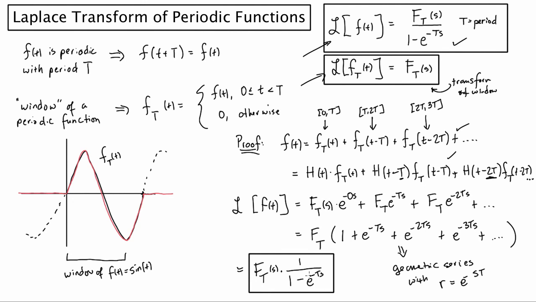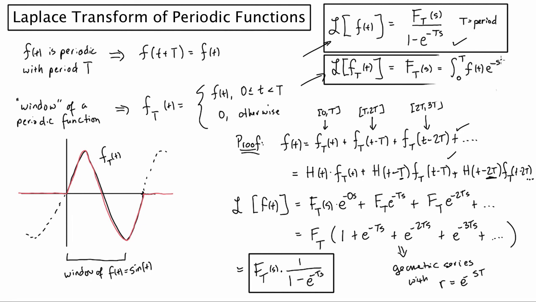Just to make sure that we're on the same page here, when I talk about the transform of the window, the window is simply the integral from 0 to T. I'm not going all the way out to infinity to take my transform.